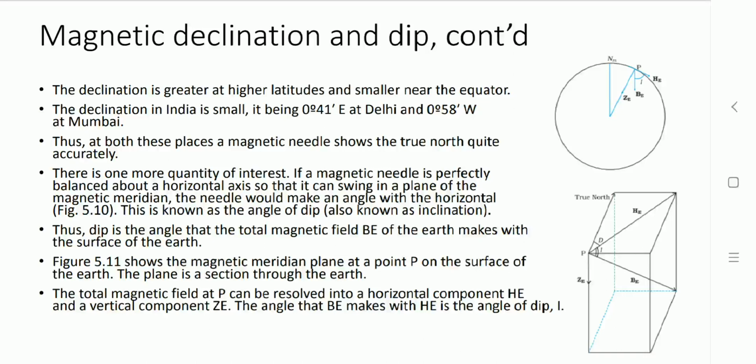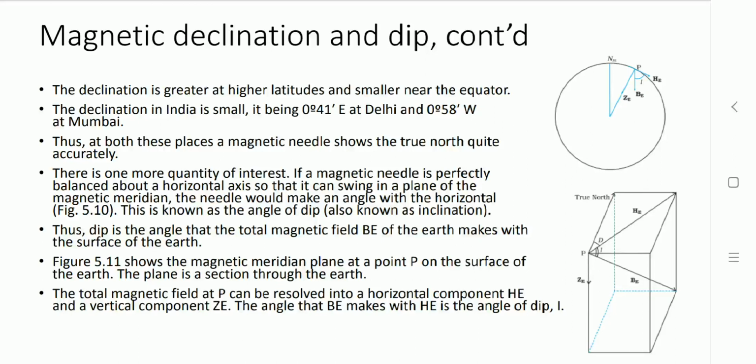Now, there is another quantity which we can define over here. If a magnetic needle is perfectly balanced about a horizontal axis, it can swing in the plane of the magnetic meridian. It is straight at horizontal, so while it is moving in the direction of the north-south pole, in that magnetic meridian plane, it will swing by a certain amount.